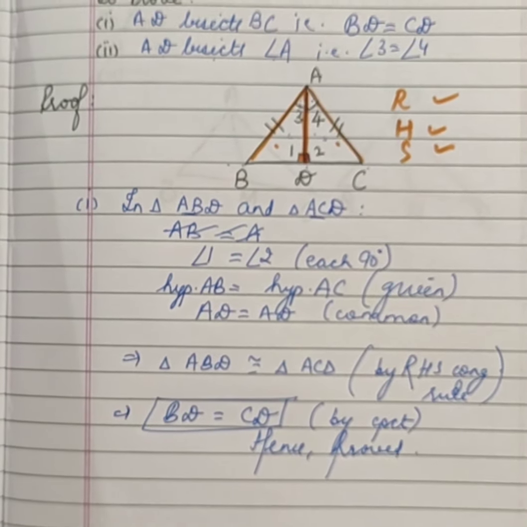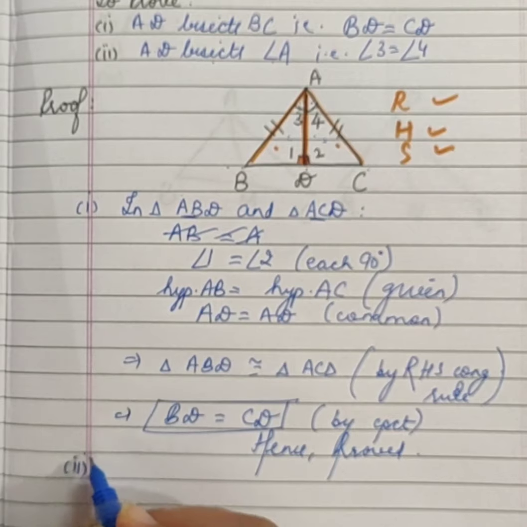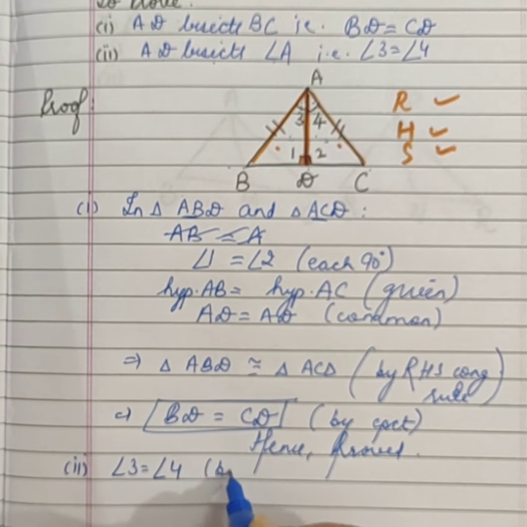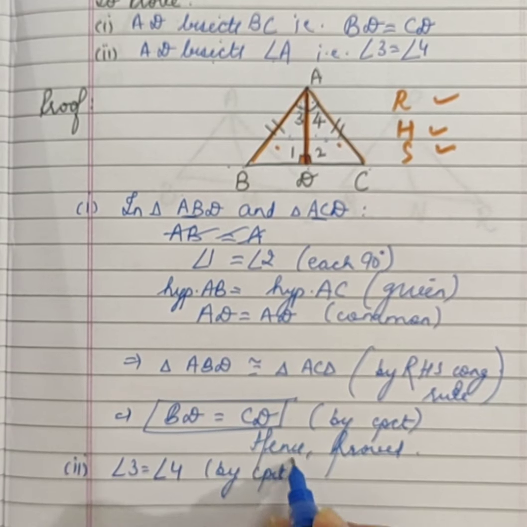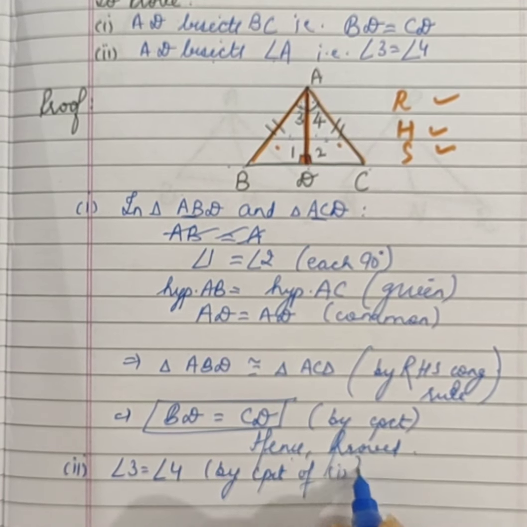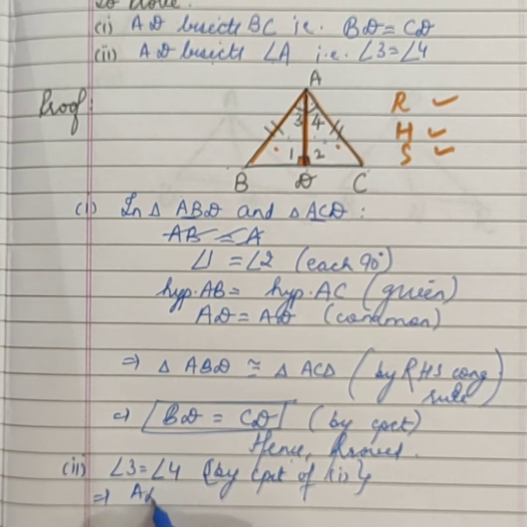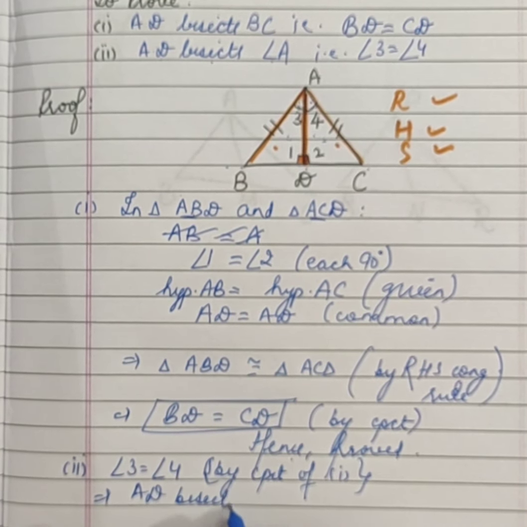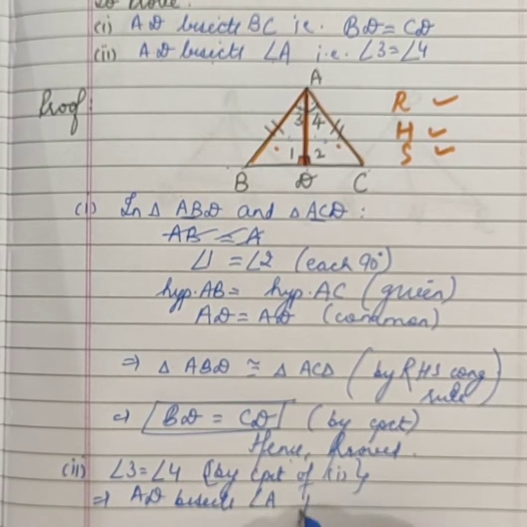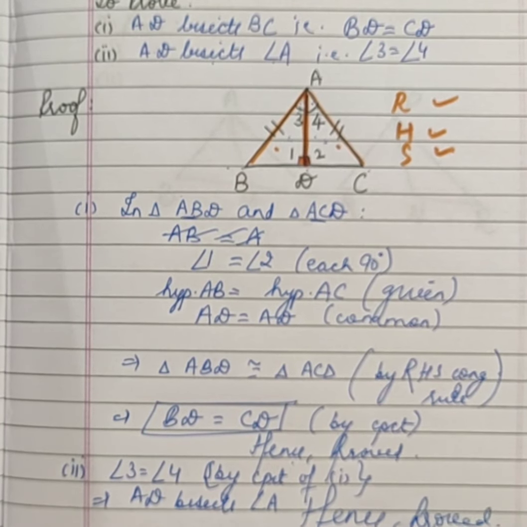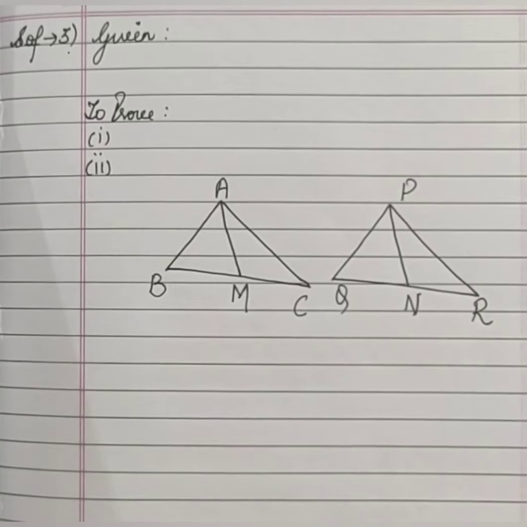Second part, again same by CPCT. Angle 3 is equal to angle 4 by CPCT of first part. It implies AD bisects angle A, hence proved. That's it. Let's start with the third question now.